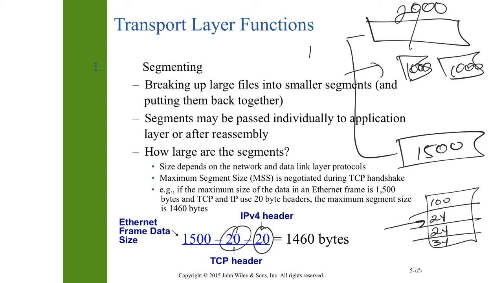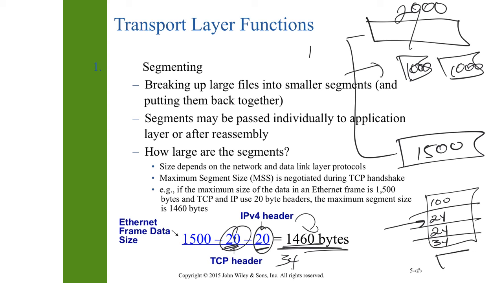The transport layer says, I know that the TCP will do 20, and the IP will add 20, and then there is another 34 for the Ethernet. So it will adjust the size of the packet. You take that, you subtract 34, and that will give you the actual segment size.